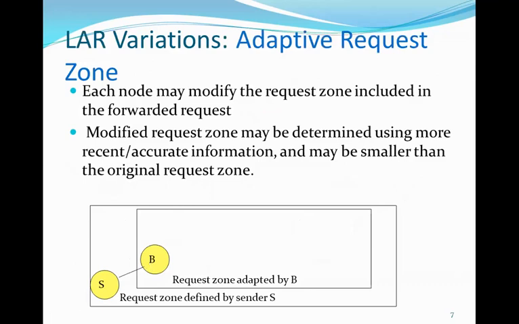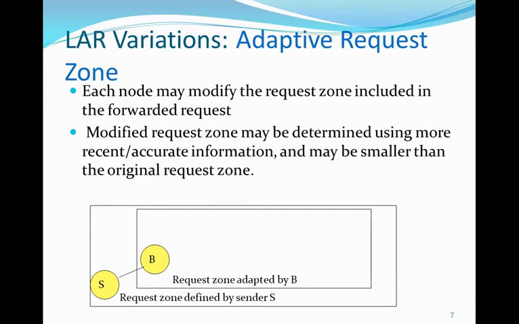Now here we have some variation in location aided routing, and the first variation is the adaptive request zone. Adaptive request zone means that we can define the request zone based on our requirement, and similarly it can be changed. There can be some modification as per the requirement of the destination node.